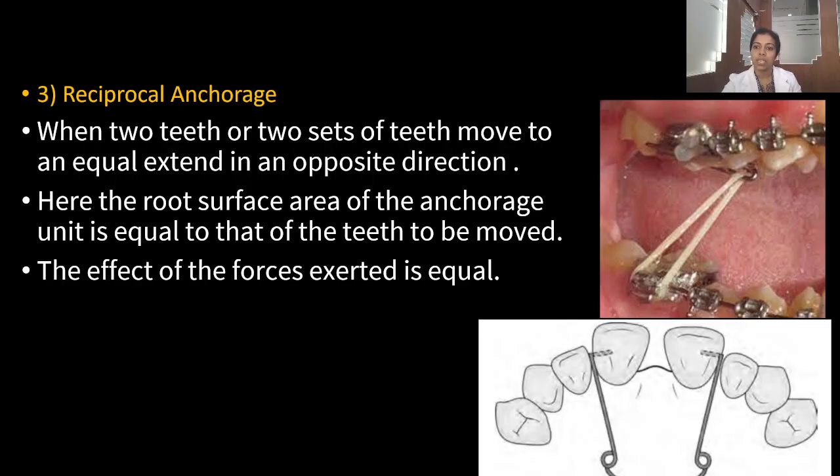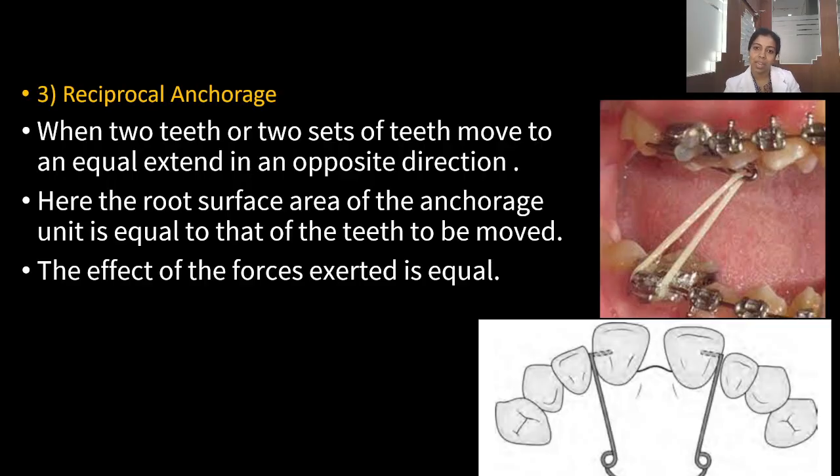So when we consider the tooth on the right side, the tooth is being moved in the mesial direction, and on the left side they are actually moving mesially to close the midline diastema. But when we consider individually, when one tooth is moving mesially, the other tooth is actually offering resistance to that movement, that is actually acting as an anchorage unit. At the same time it is moving also.